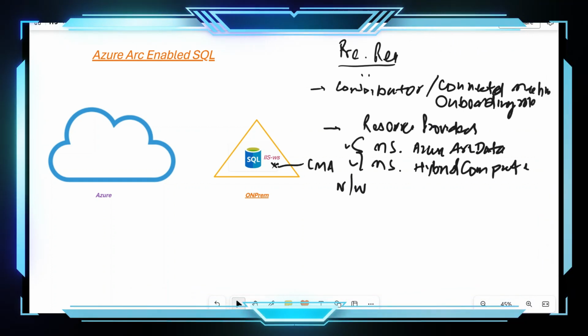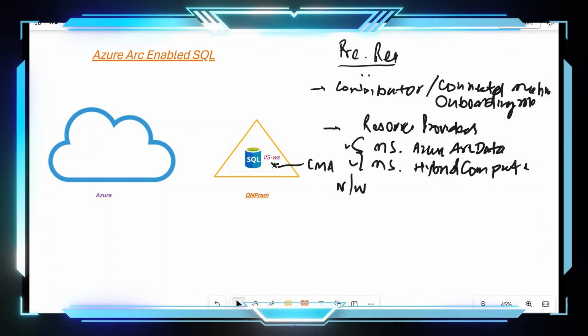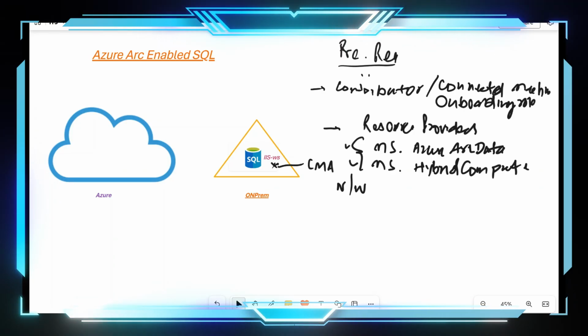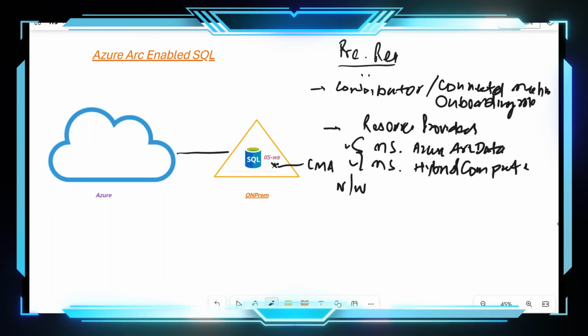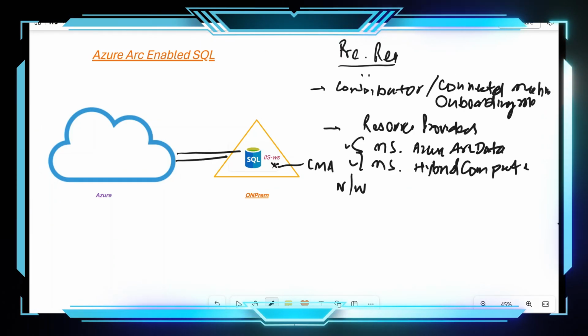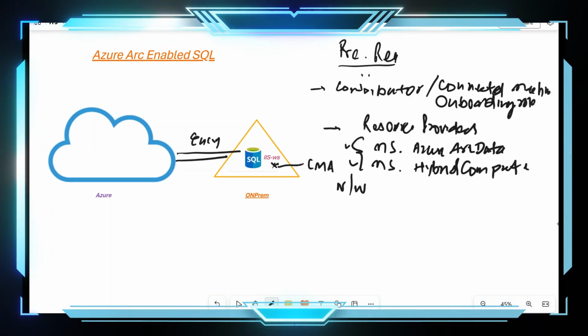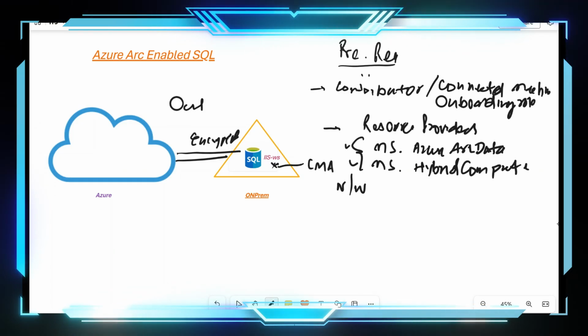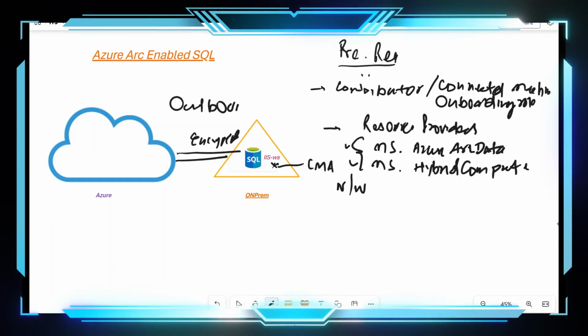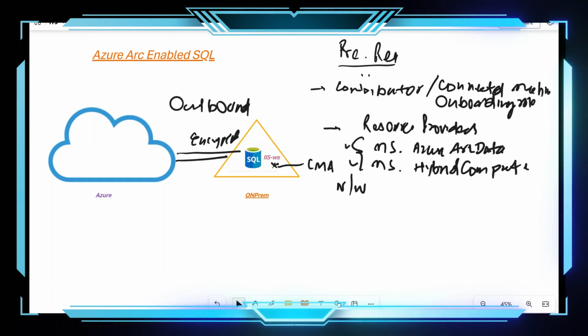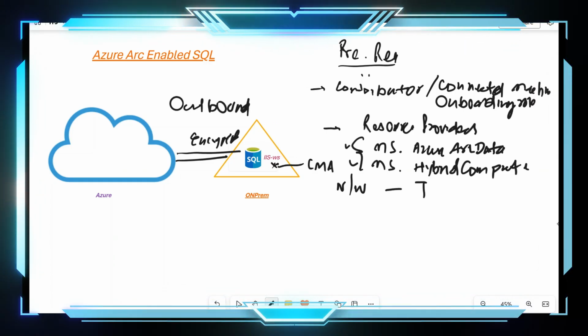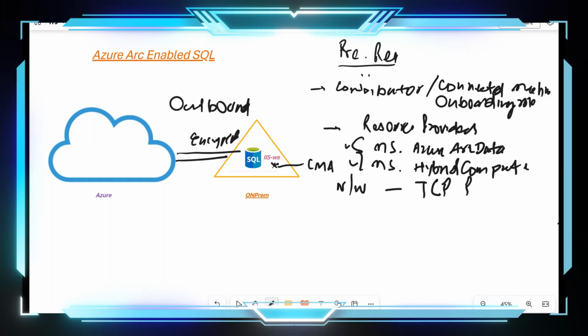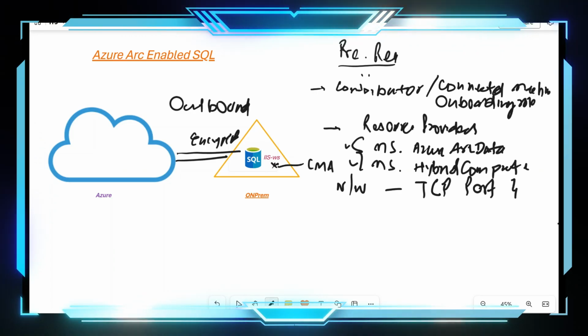Now, from the network perspective, there is going to be outbound connectivity to the Azure Arc service, so from the security perspective, you don't need to worry. First of all, this is all encrypted. Any communication that happens is outbound, and it happens over TCP port 443.